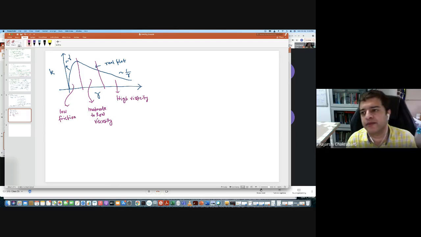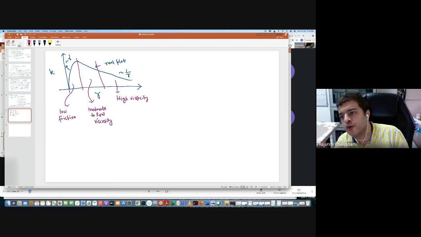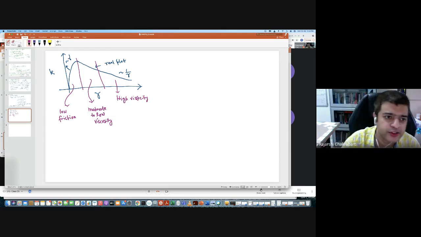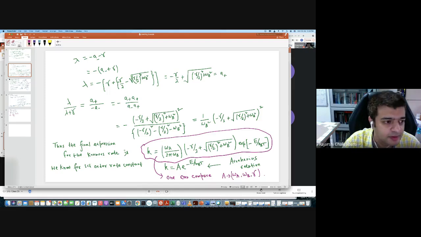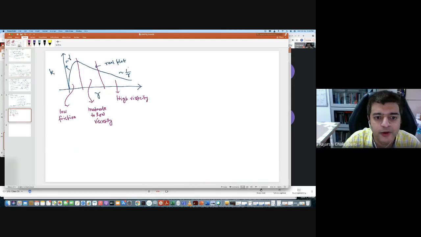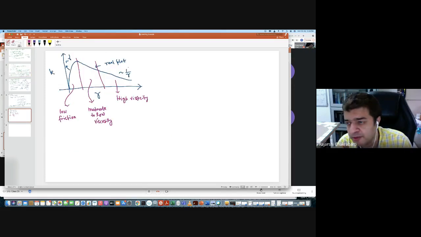This part I'm not going to do: why, in the very, very low friction limit, the rate is proportional to gamma. We'll concentrate only on the parts we have already done, the first part here, and the next part, high viscosity.